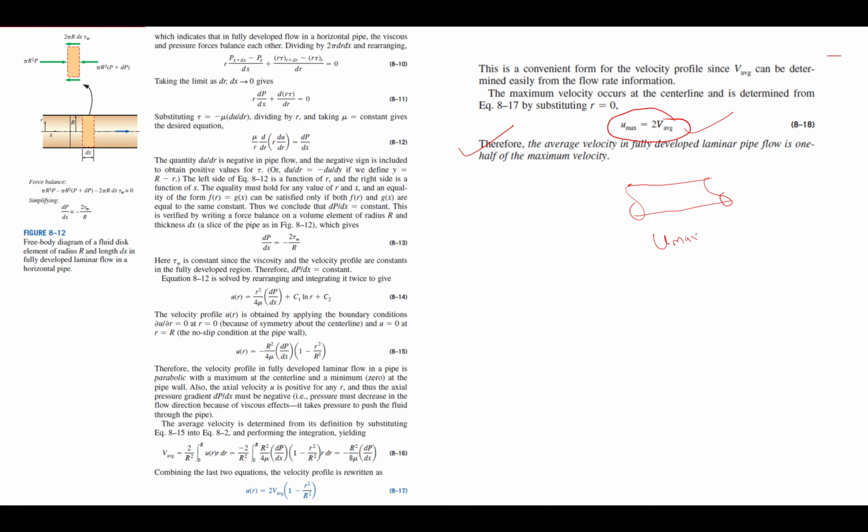U max is equal to 2 times of the average, for laminar flow, not turbulent. Let us suppose you have two pipes, here is laminar flow and the similar pipe here is turbulent flow.